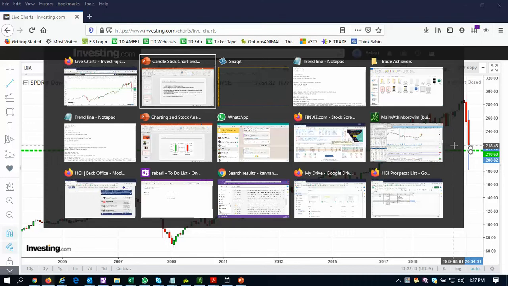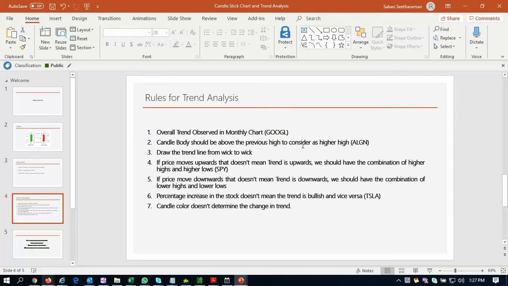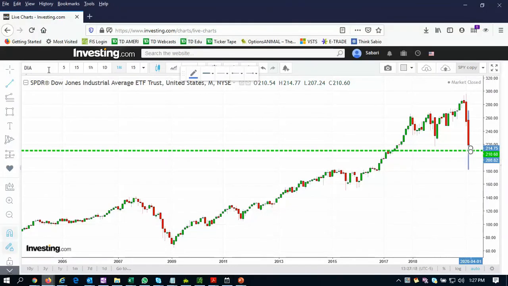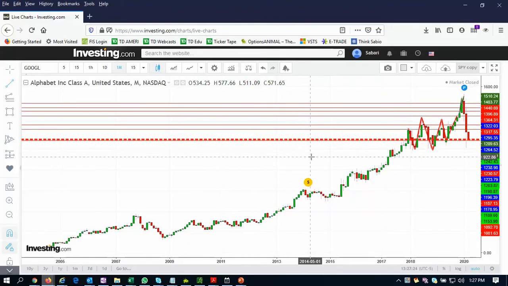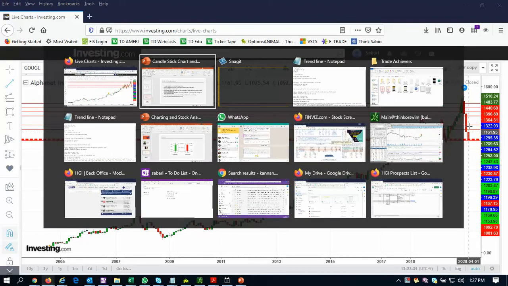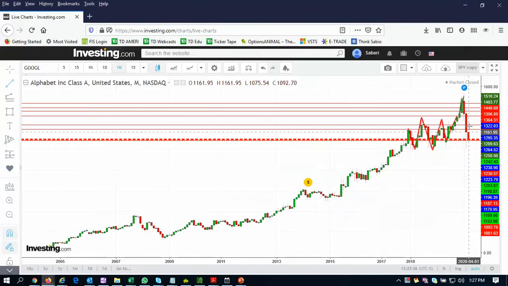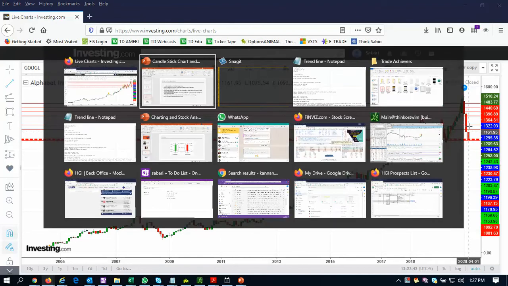And overall trend we can see in the monthly chart. Take Google, for example. So the trend is bullish. For long-term people, the trend is bullish. This is short-term, just a month. When can we consider this a downward trend? When a series of lower highs and lower lows form, then we consider it a downward trend.